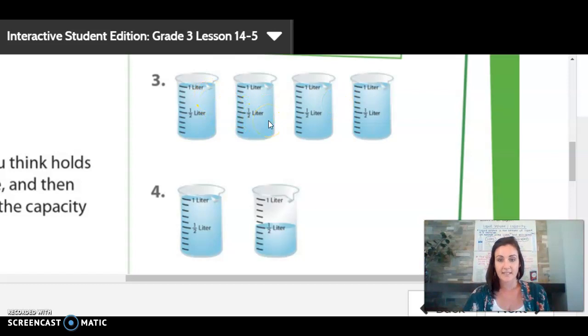So your total capacity in number 3 would be 4 liters. Our next one, looking at number 4, we have 2 of our containers here. One is filled all the way up to 1 liter, and then the other one is right here. It says 1/2 of a liter. So if we're adding these two together, you have 1 liter plus 1/2, which gives you 1.5 liters.